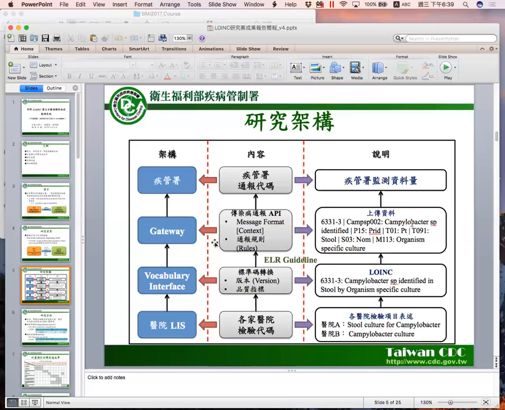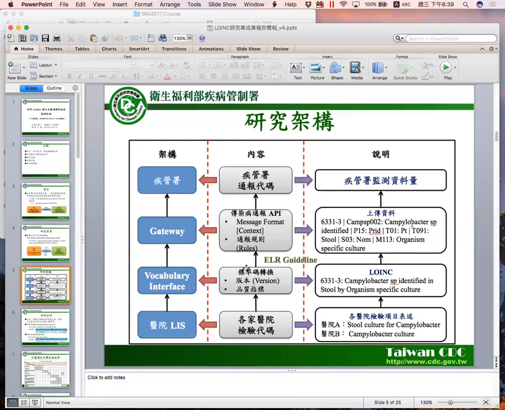Also, this is very important. All the time, I always use this graph to persuade people that you cannot just create the vocabulary and ask hospitals to use it. We need to evaluate and give them some feedback, because sometimes it's just the problem of LOINC, and sometimes just some practical issue.